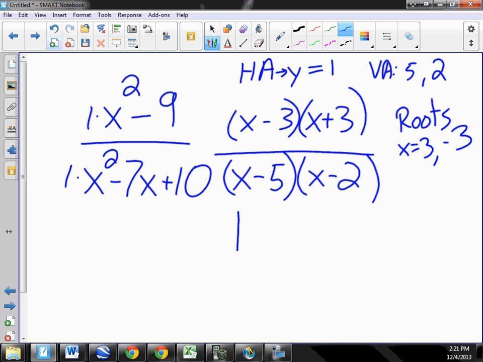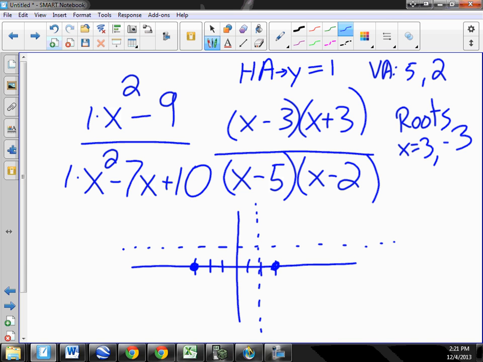So I draw my graph, and I have an HA at y equals 1. I have a VA at 2. And I have roots at 3 and at negative 3.